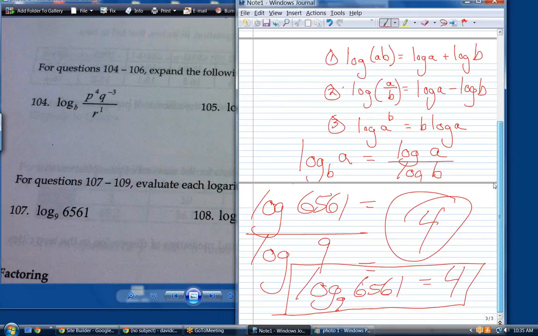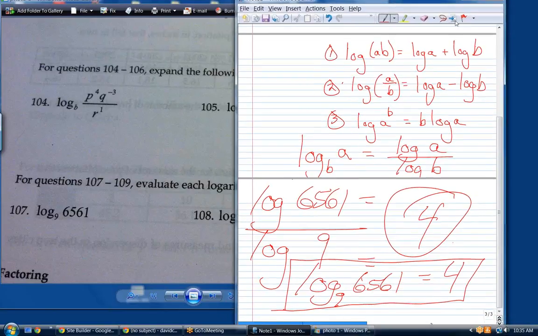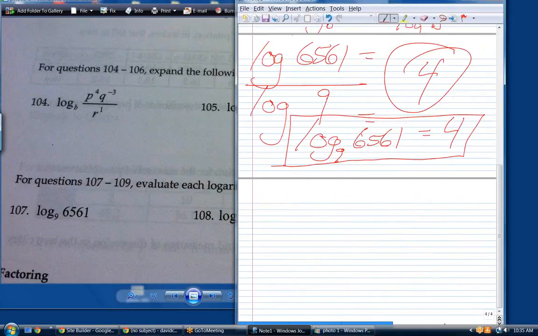What's the exponential expression for that? Well, the number on the far left goes in the main one, raised to the power on the far right. 9 to the power of 4 equals 6561. There you go.